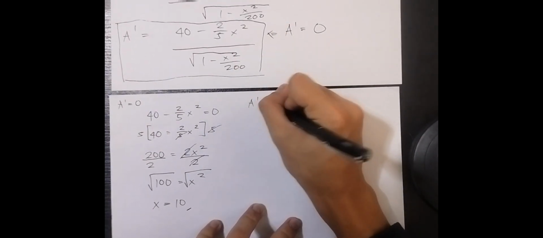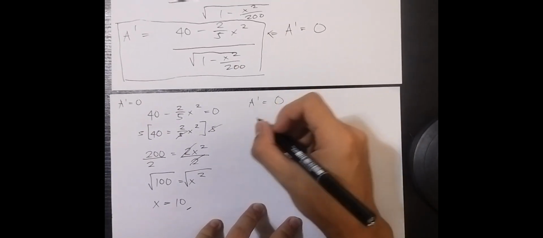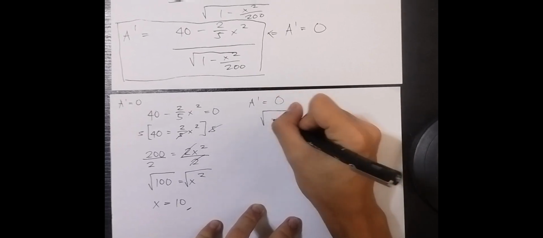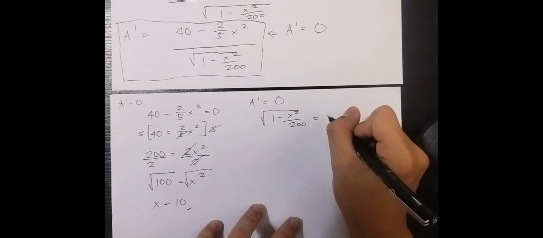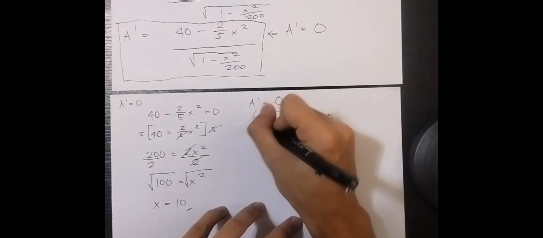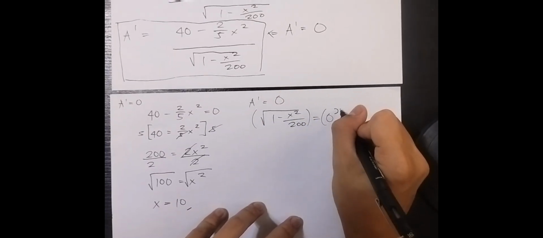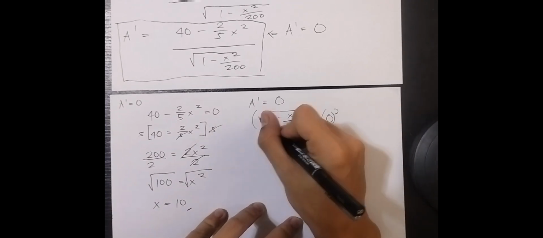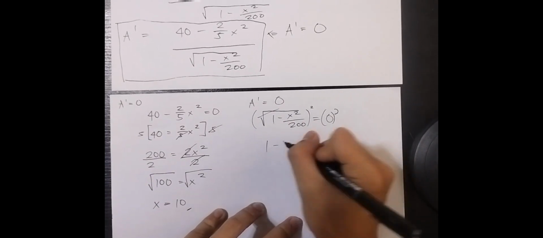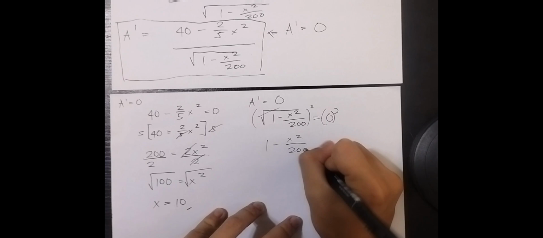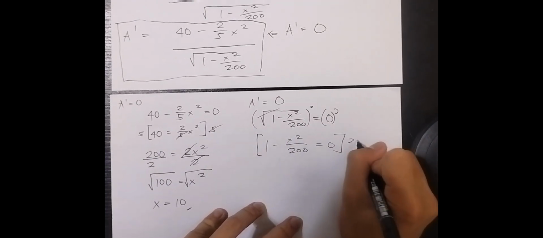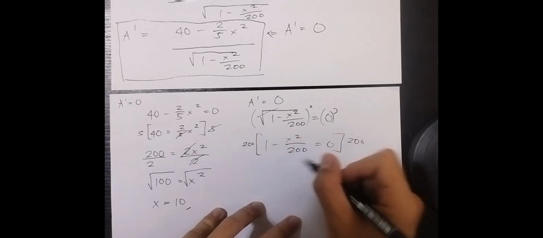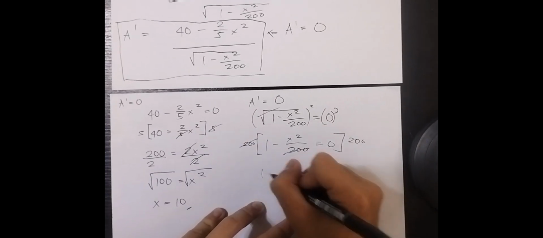Next is to equate the denominator, which is square root of 1 minus x squared over 200 equals 0. Square both sides to eliminate the square root. So it will become 1 minus x squared over 200 equals 0. Multiply both sides by 200 to eliminate 200.